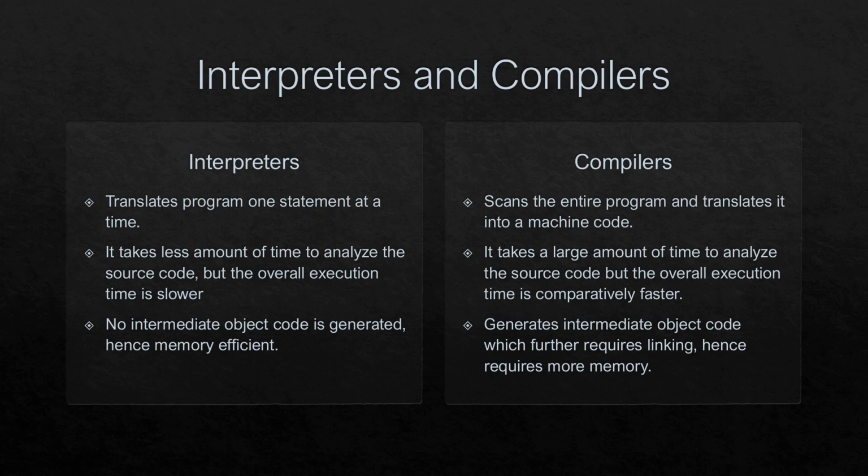Interpreters take less time to analyze the source code, but the overall execution is slower. It's not much slower, but it is slower. Let's not talk about the object code. Just understand that interpreters are memory efficient, and compilers require more memory than interpreters.